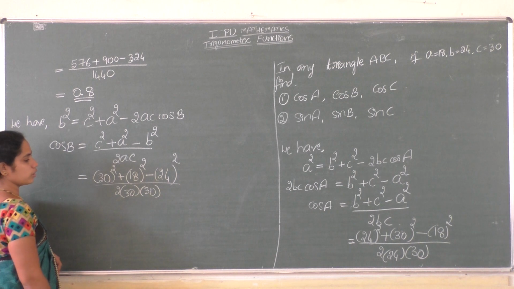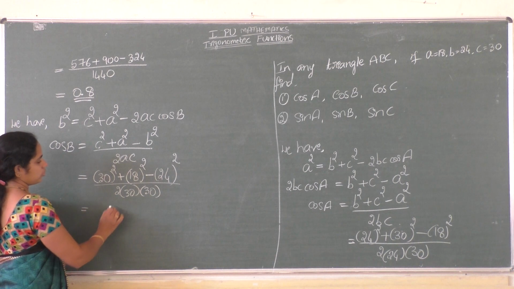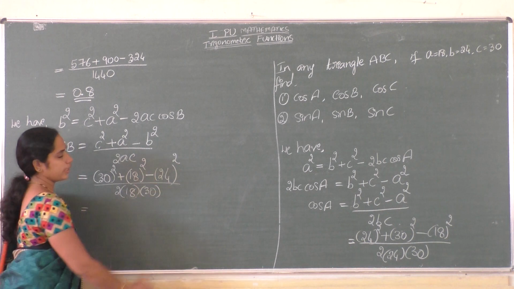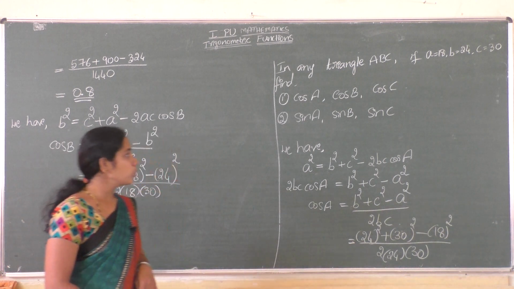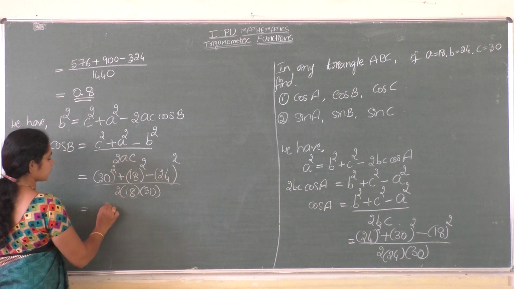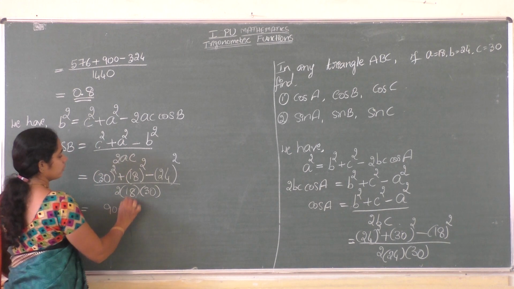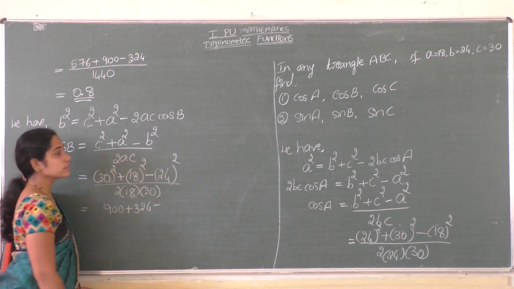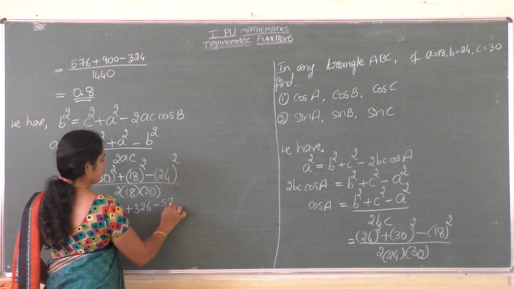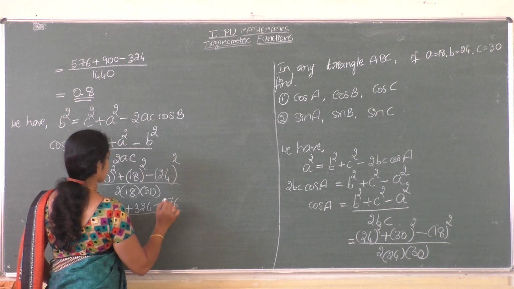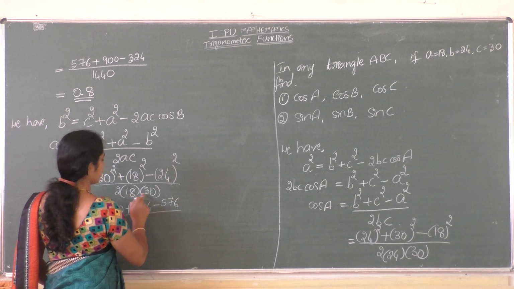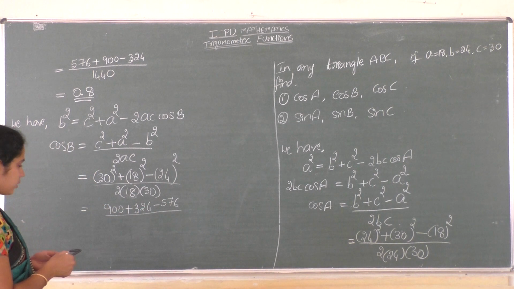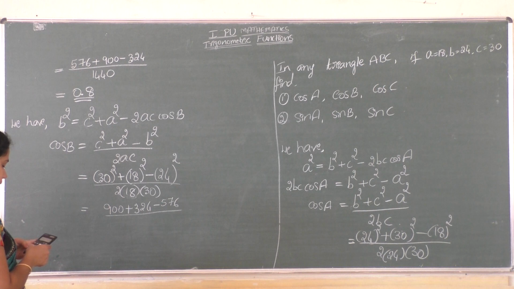What is the value now? 2ac, a is 18, correct? 30 square 900 plus 324 minus 24 square 576 divided by 2 into 18 into 30, 60 into 18.